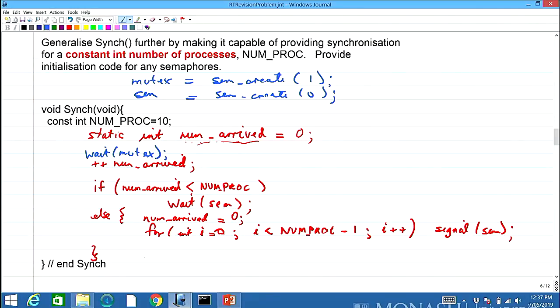All right, so the next thing is where do we actually signal on the mutex? Down here. Why don't we do it here?